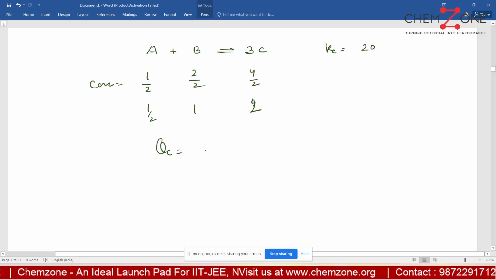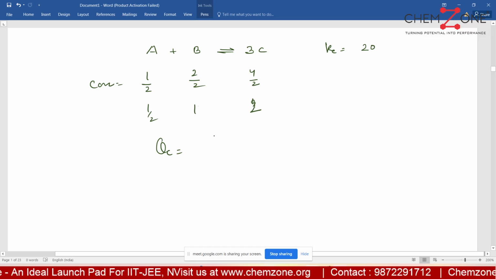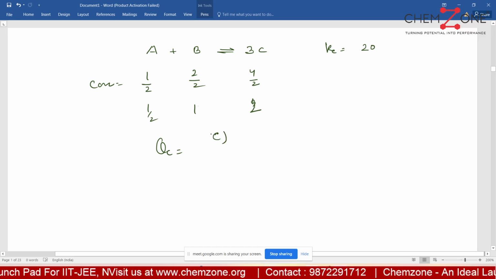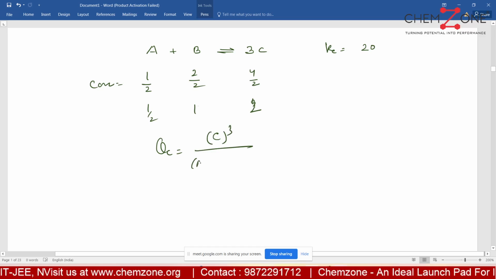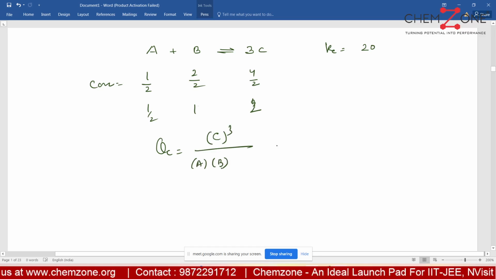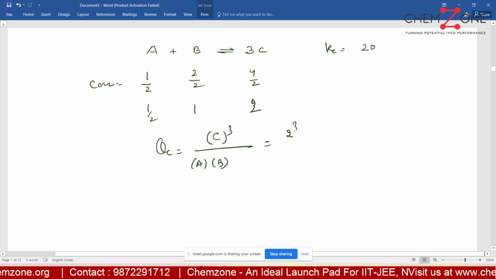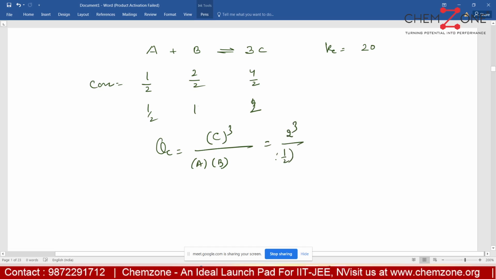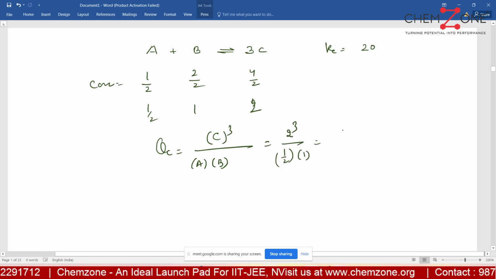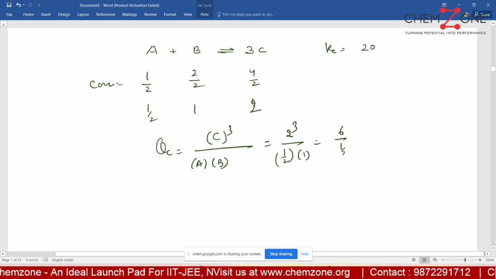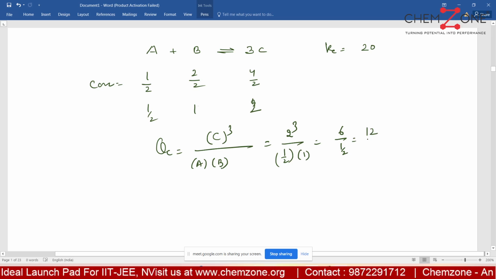Find the equilibrium constant in terms of QC. C to the power 3 upon A, B. So 2 to the power 3 is 8, upon 1 by 2 into 1, that will come out to be 16 upon 1 by 2... 12.